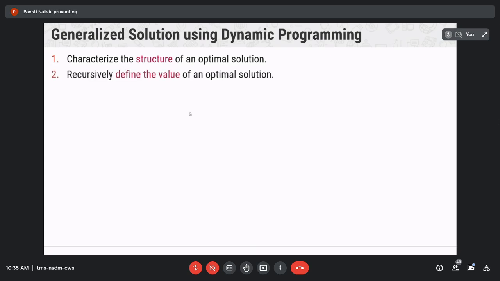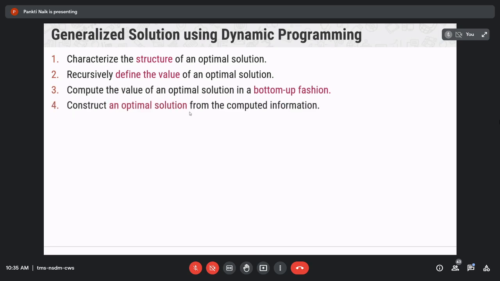Then recursively define the value of an optimal solution. Then compute the value of an optimal solution in bottom-up fashion. Then construct an optimal solution from the computed information. So now all of you solve one binomial coefficient problem in your notebook right now, and give me the final answer.